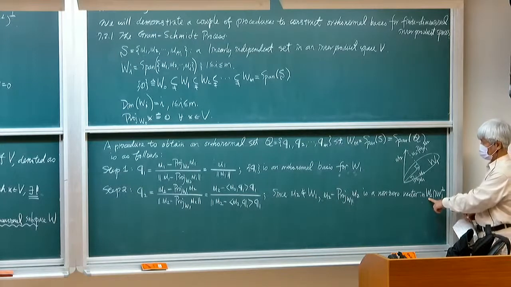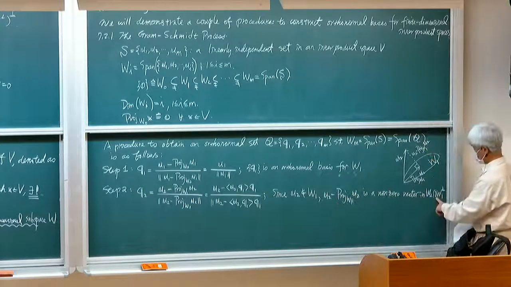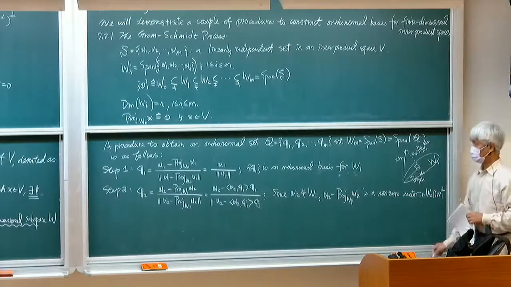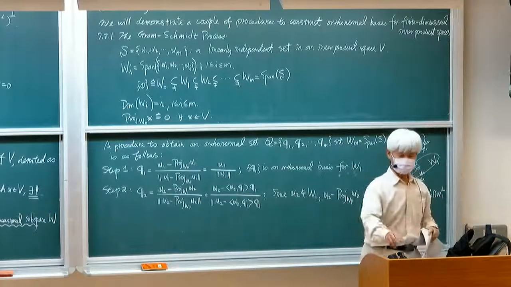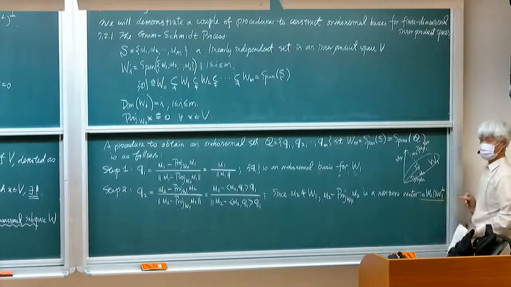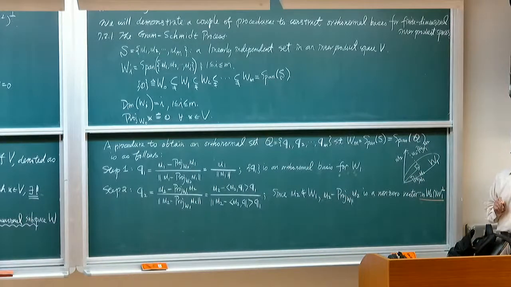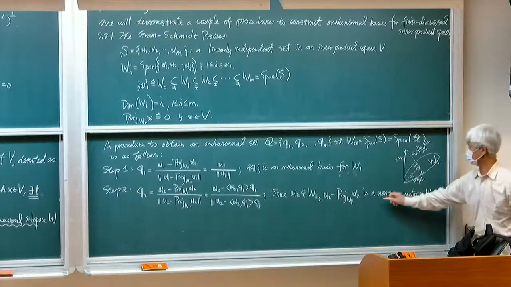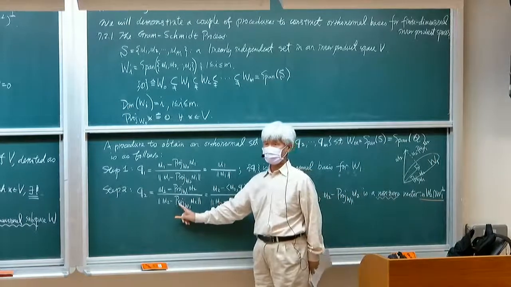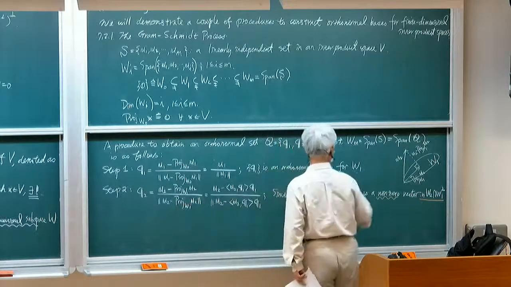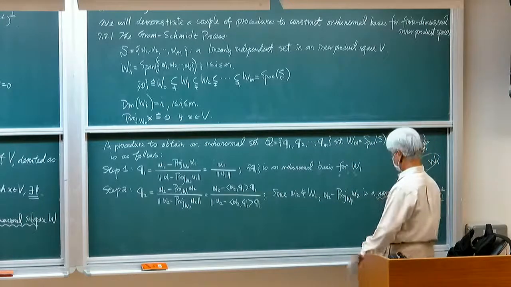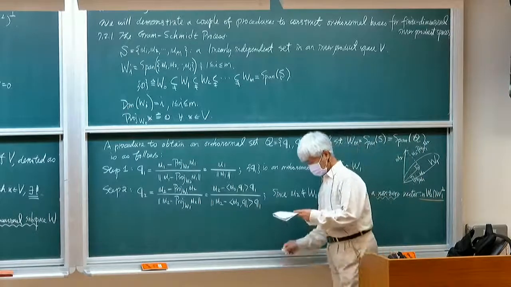So this vector is in the intersection of W2 and the perp of W1. It's crucial to know this. Do you have any questions about this fact? It's non-zero, so that's why we can normalize it. This is the reason why we can normalize it. It's non-zero, and also it's in the intersection of W2 and W1 perp.